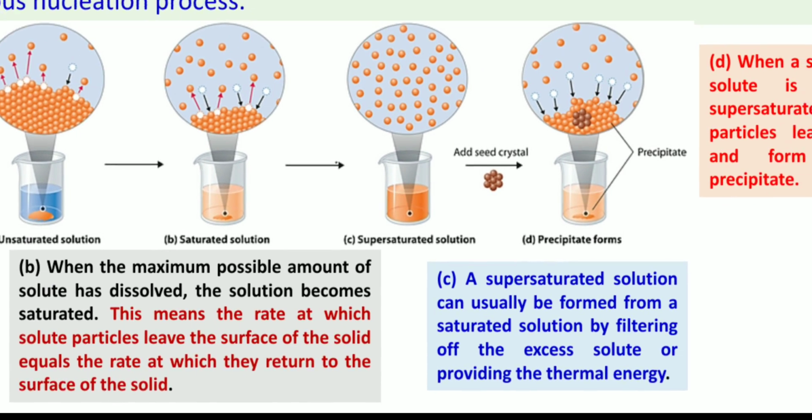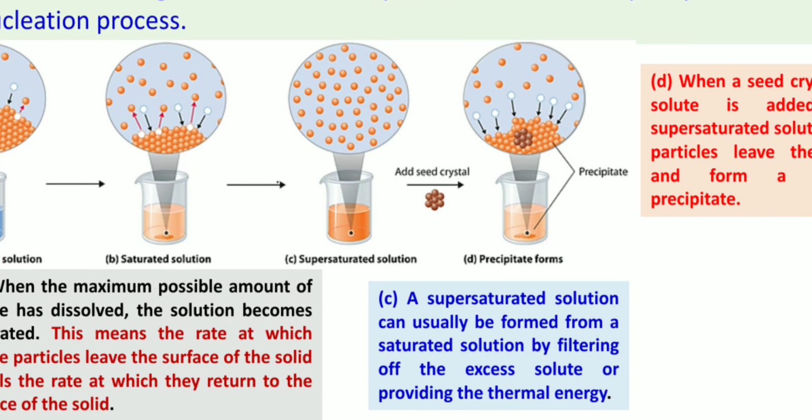Now what happens for a supersaturated solution is shown in figure C. A supersaturated solution can usually be formed from a saturated solution by filtering off the excess solute or providing thermal energy. Either we can filter the saturated solution, or we can additionally provide some energy so that it can further dissolve, and then the solution goes to the supersaturated state.